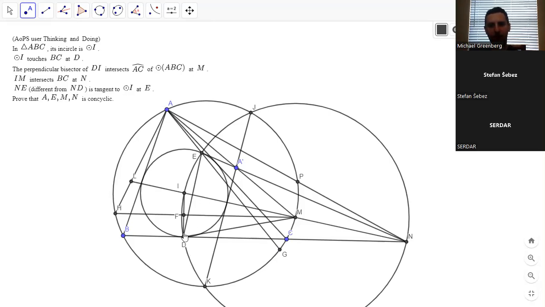So DE is the polar of N. That would be similar triangles.